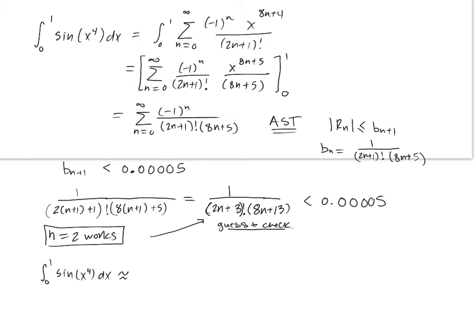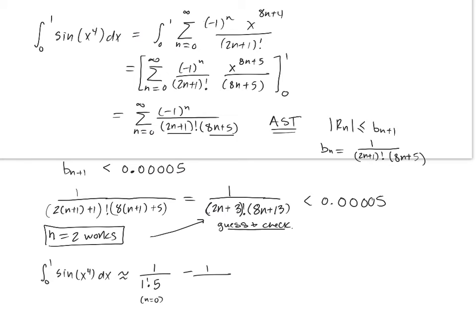When you plug in 0, the -1 to the n is positive. What is 2n plus 1 factorial when you plug in 0? Just 1 factorial. When you plug 0 into this guy, you get 5. So that's n equals 0. When you plug in 1, is your numerator positive or negative?